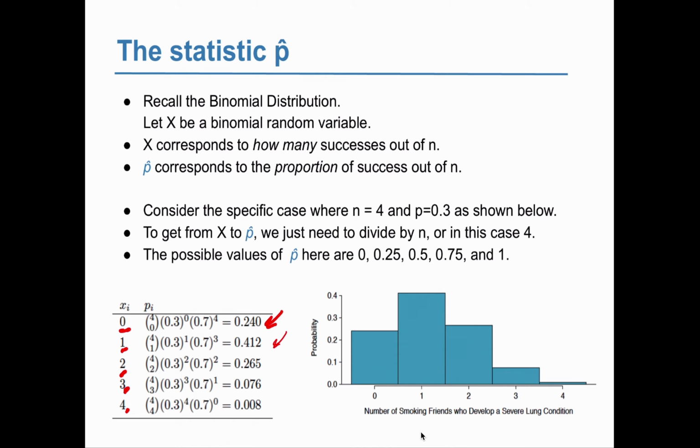And so we have the number of friends who develop a severe lung condition. So our x could be 0 through 4, and we can have probabilities for each of these values. But we can turn this x into a p hat just by dividing by n.